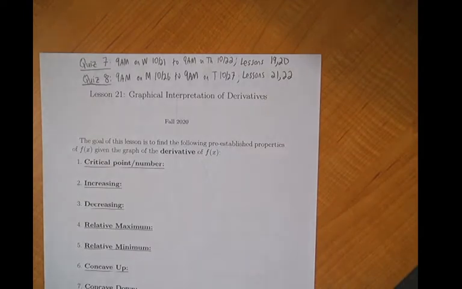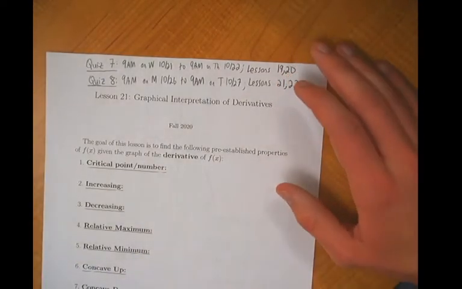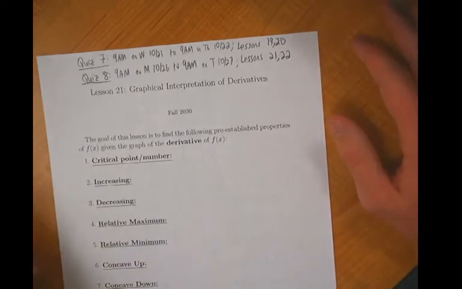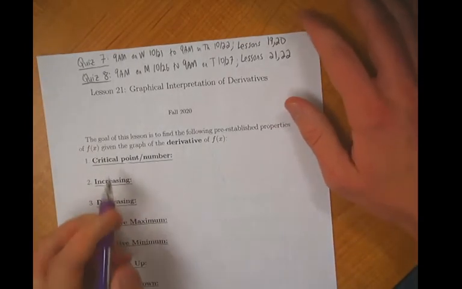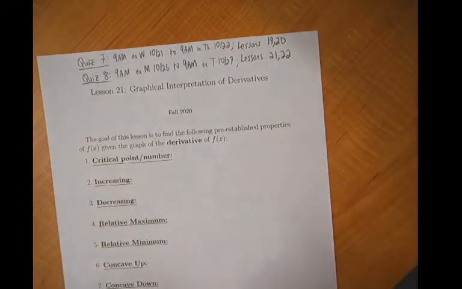So without further ado, let's look at lesson 21, the graphical interpretation of derivatives. The goal of this lesson is to take all the things we know so far and figure out how we can find these properties given, instead, the graph of the derivative of a function.